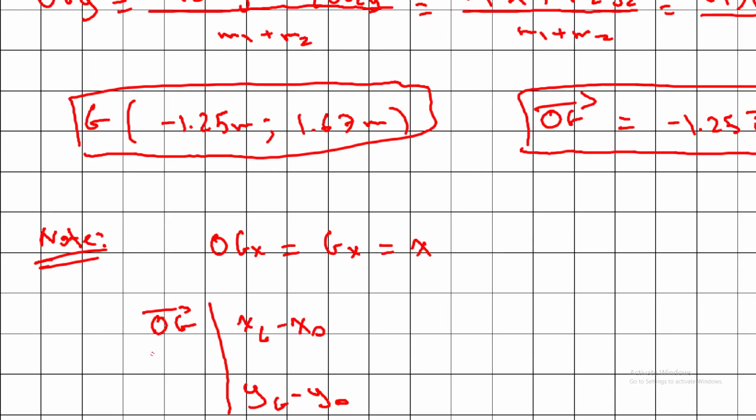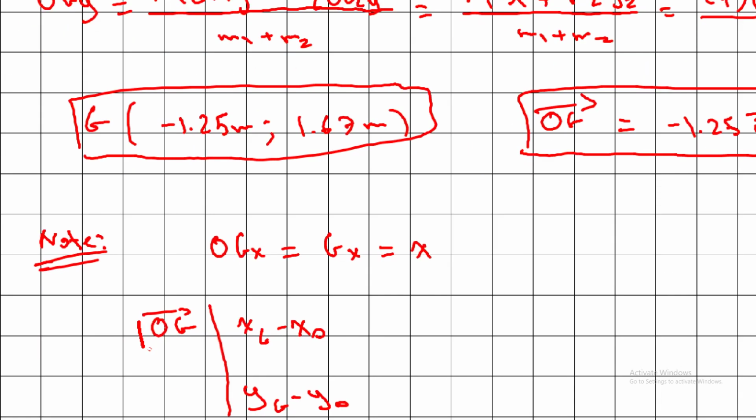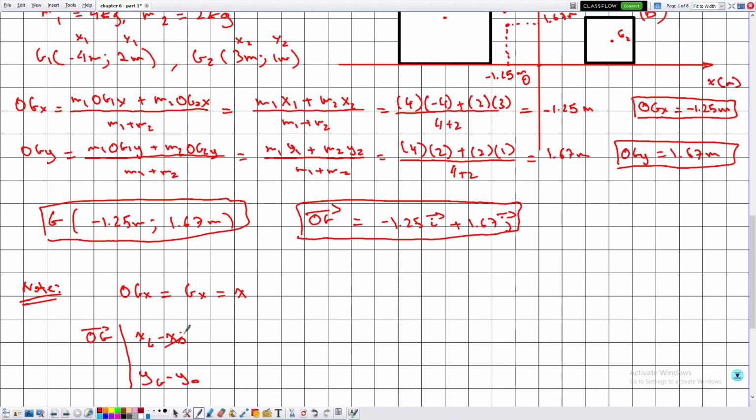Whenever we are considering the vector and the first point is the origin, the coordinates are 0, so this is given by xG and yG.